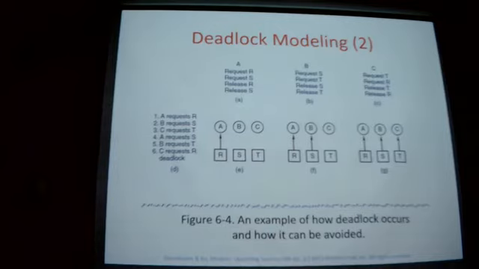B figure. In the 4th, the first one means A requests R. No, in the 4th, the 4th one. Yeah, A requests S. But in the next slide, maybe the direction will be from S to A, but there it is A to S.